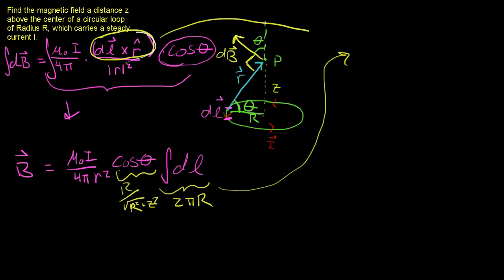So, replacing all of these things that I have over here, I can already tell that I'm not going to have enough room. We have that B is equal to mu naught I over, we're going to keep things in terms of little r until we absolutely have to change them back.